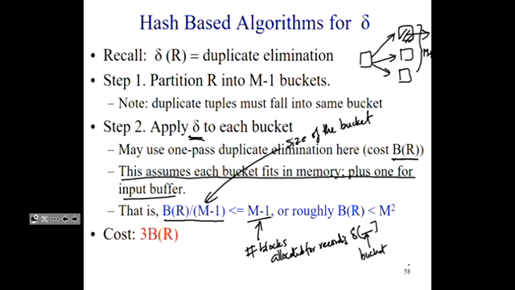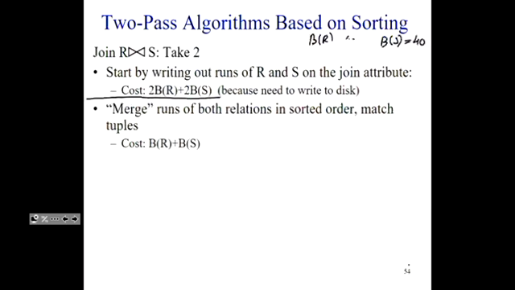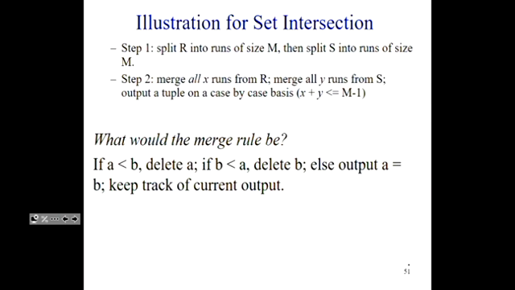So B divided by m minus 1 is the size of the bucket, the number of blocks in a bucket, and it is less than or equal to m minus 1. You also have an input buffer. So once again, if we go back and look at the one-pass algorithm, what would be the easiest way to do that?